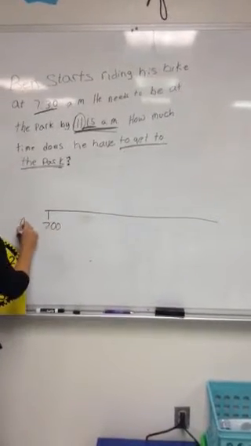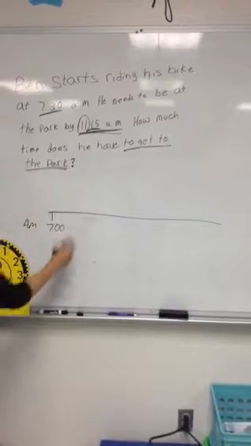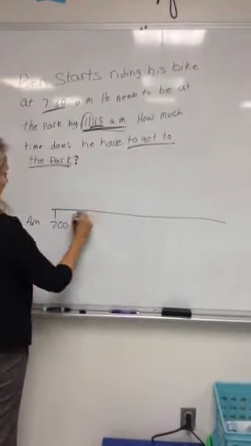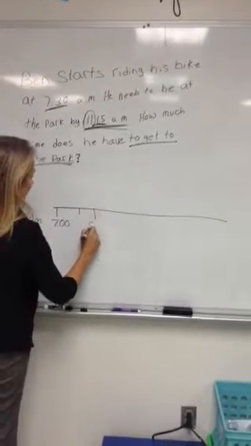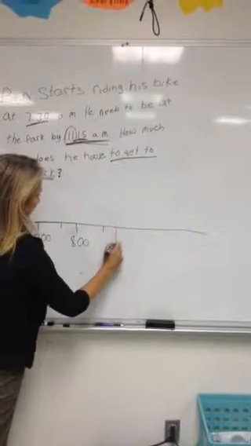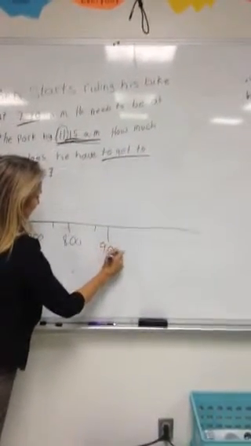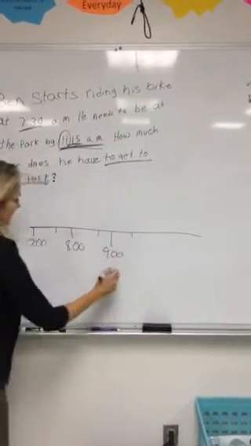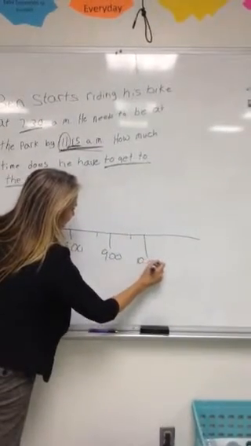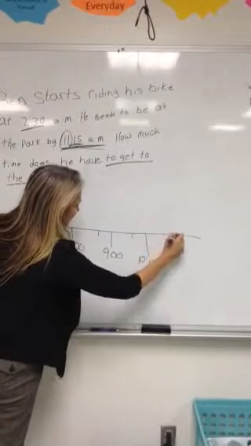We'll say this is AM. Okay? Then we have a half, 7:30, that represents 30 minutes. 8 o'clock, 30 minutes. 9 o'clock, 30 minutes. 10 o'clock, 30 minutes. And then 11.